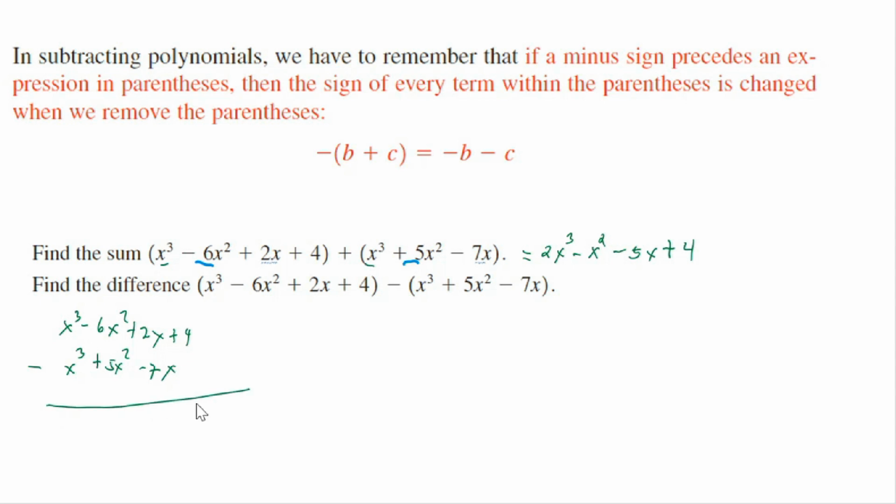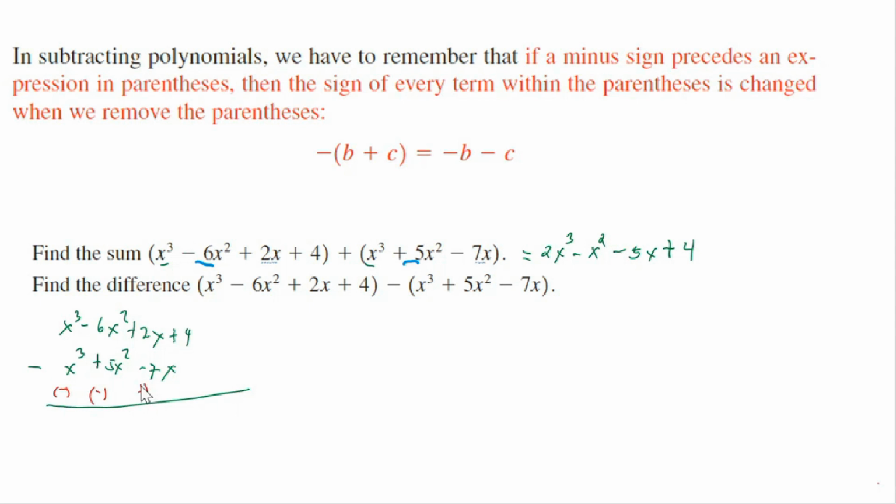So in that way, I'm solving in the vertical method. I'm going to change the sign of the subtrahend to its opposite sign. So the new signs here: we have negative, and this must be negative, and this must be positive.